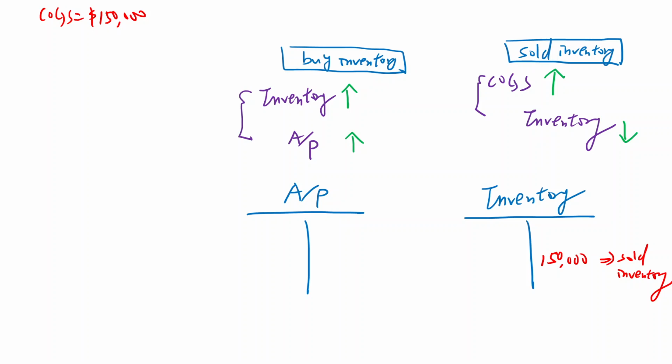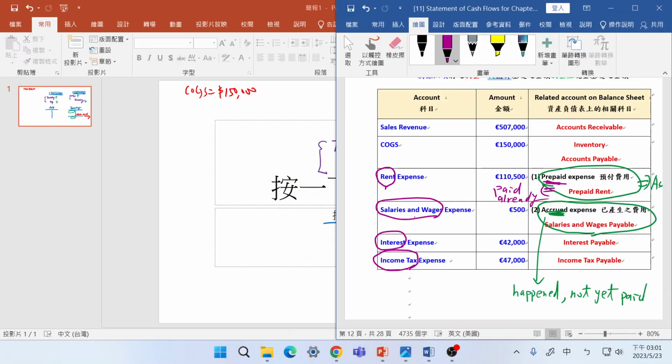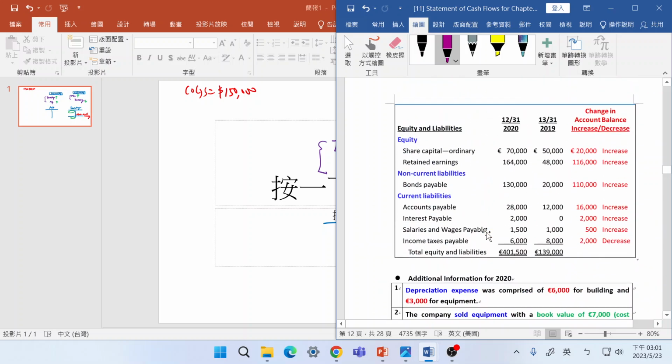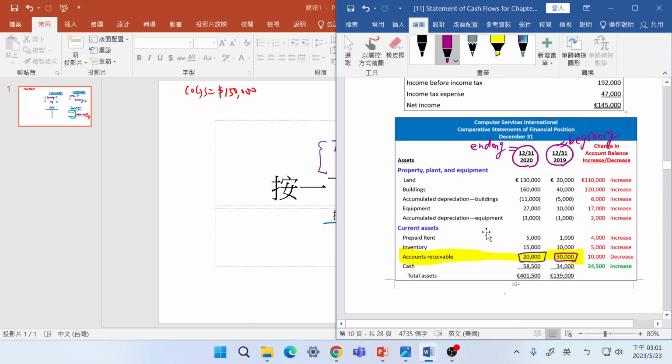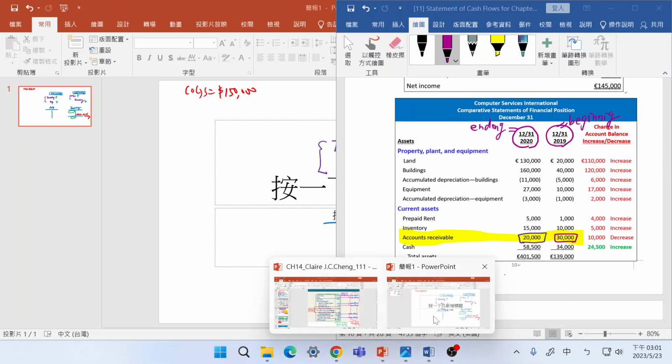Where you can find out the number from your balance sheet. So please go to your balance sheet, find out the beginning and ending balance. So look at your balance sheet on page 10. Page 10, could you find out?